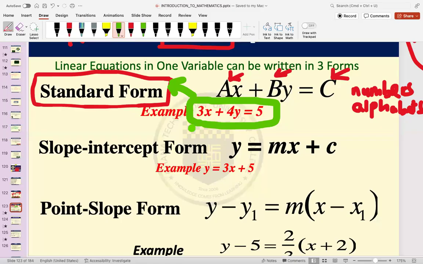Why? Because you have a number and an alphabet plus another number plus an alphabet equals a number, like the way it has been written up here. A is supposed to be a number, B is supposed to be a number, C is supposed to be a number.